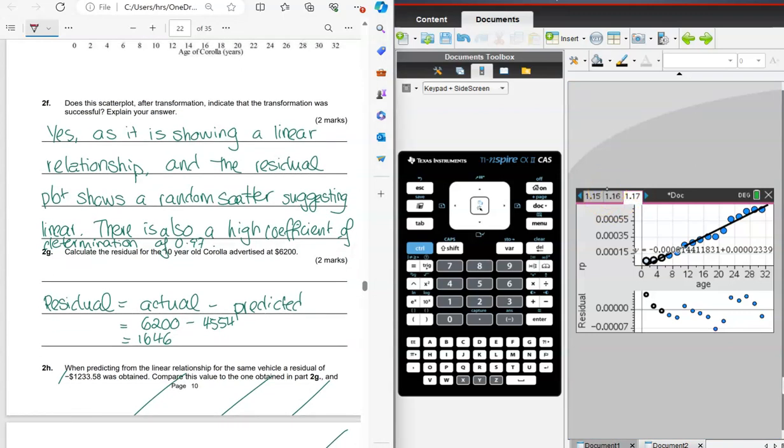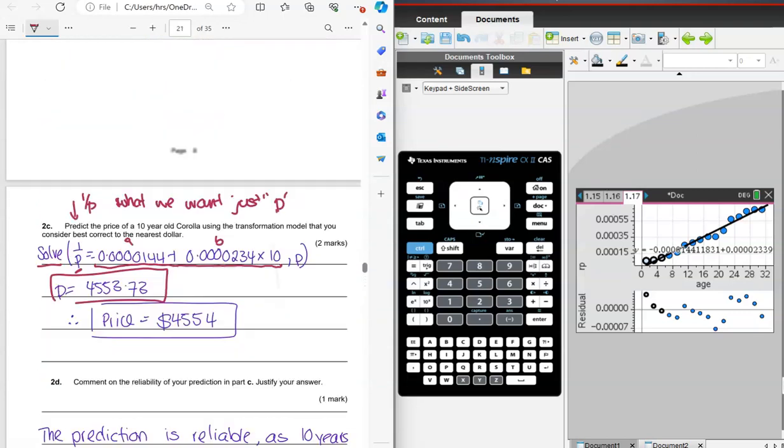Okay, so then when they ask you to calculate this one's residual, remember the actual is going to be, but using the transform data. So the actual p, we don't want 1 over p, we just want the original price at whatever it was, 10 years.